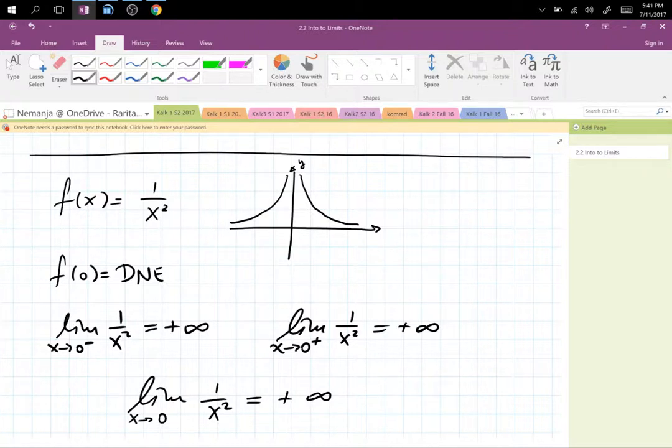Now, all of that is put in a theorem called Theorem 2.2. You don't have to remember the numbering of theorems and stuff like that. But Theorem 2.2 says if the left and the right approach limits are the same, overall limit is that value. If they are different, limit does not exist.